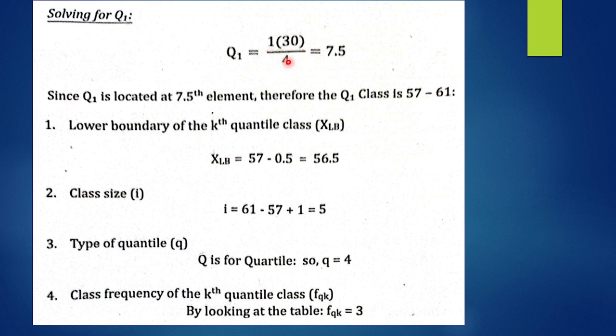Since it is quartile, it is 4. So again, the formula is x times n all over 4. If we do the math, 1 times 30 divided by 4, the answer is 7.5. Since Q1 is located at the 7.5th element, the Q1 class is 57 to 61.